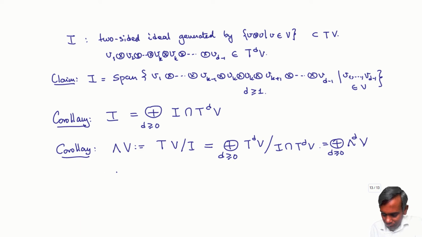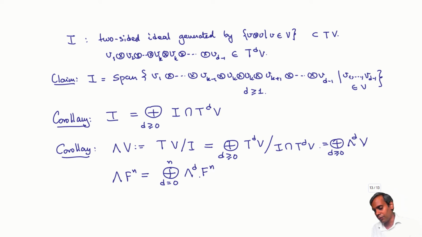And so what we have is wedge Fn is equal to the direct sum d equals 0 to n of wedge d Fn, and this wedge d Fn is the span of the E_I for subsets of size d of n.